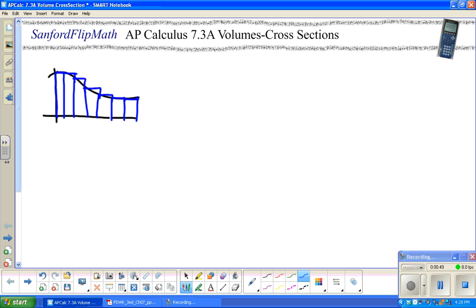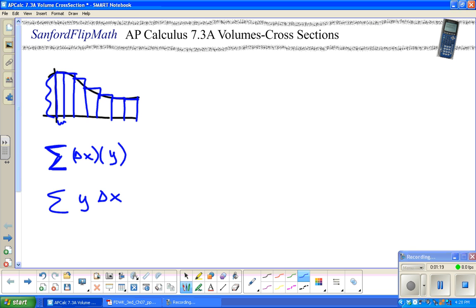The concept was we would do a sum of our little change in x times height. Every rectangle was separate, a change in x times height, and that height was given by a y value. We would add all of those up. That's what this sigma is.